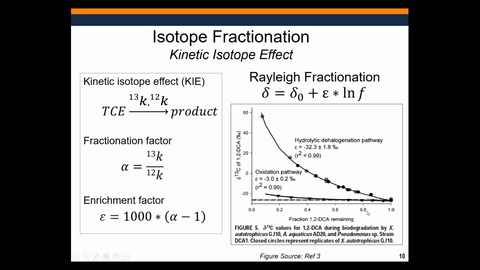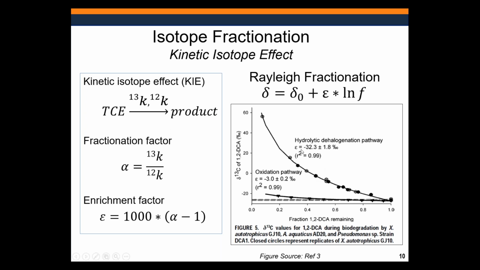So we have 100%, then 80, 60, 40, so the fraction is getting smaller and smaller as a function of time. And here we have our delta C13 value for DCA. In this biological degradation, dehalogenation pathway, isotopically we're getting heavier and heavier as the fraction of the compound gets smaller and smaller. So it's degrading as a function of time.